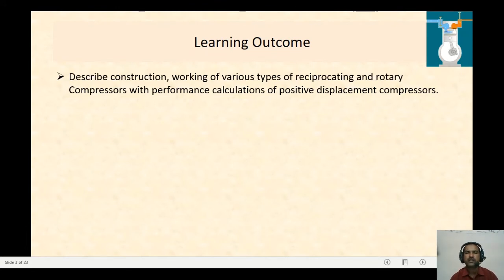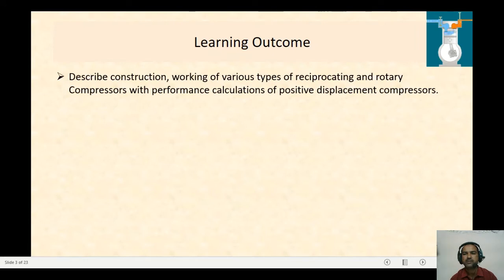We also discussed the classification of the air compressor. The air compressor is classified into two categories, reciprocating air compressor and rotary air compressor. The reciprocating air compressor is further classified into types like single stage, double stage, single acting and double acting.